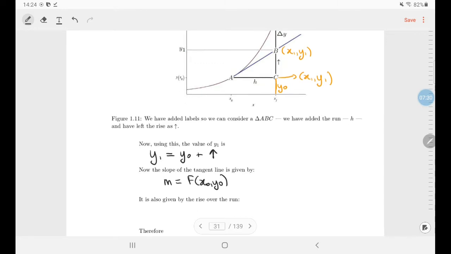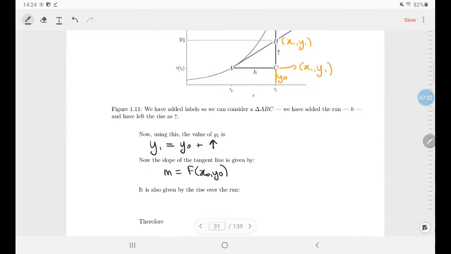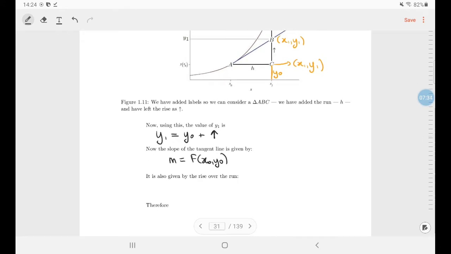It's also given by the rise over the run. So what's the rise over the run here? Well, m is also equal to the rise, which is this big arrow here, over h. And so what we can find is that the arrow bit, if we multiply both sides by h, that extra arrow bit, funny notation, is equal to the step size times the slope. But of course, the slope is equal to this big F(x0, y0). There's probably other ways of writing this.